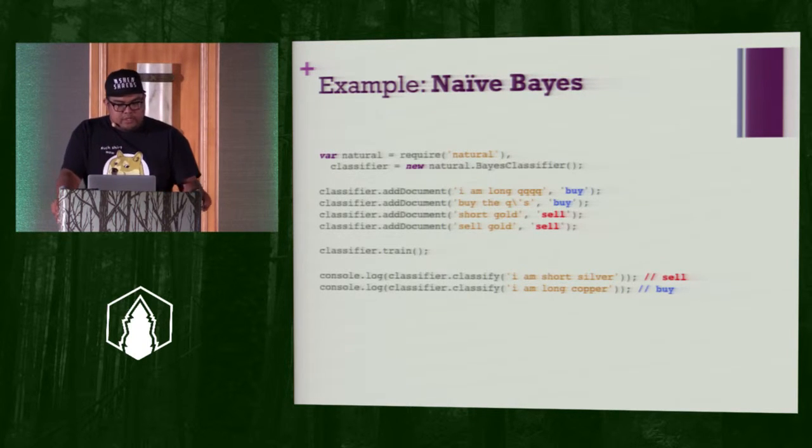Like I mentioned, you collect this data, you train it by calling train, and then when you're ready to do actual inferences, you could call the classify method to make predictions on unseen data. So when you call it with "I am short silver," it'll say sell, right? And under the hood, this does a lot of featurization for you.